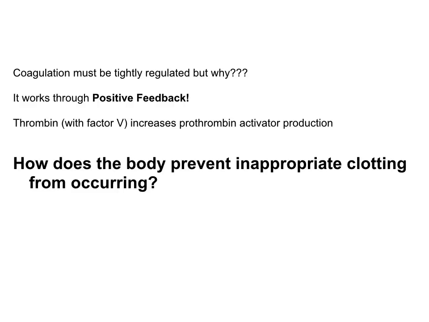Now, the coagulation phase has to be very tightly regulated because just like the platelet phase, it runs by positive feedback. Thrombin, along with factor V, increases prothrombin activator production. So think about it. You start your common pathway.